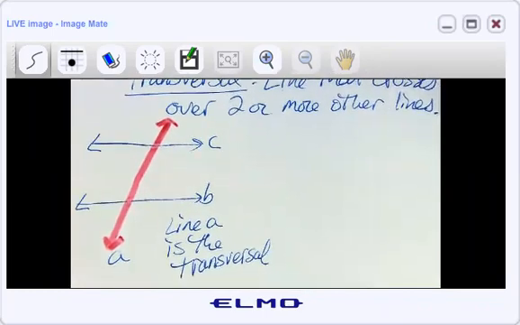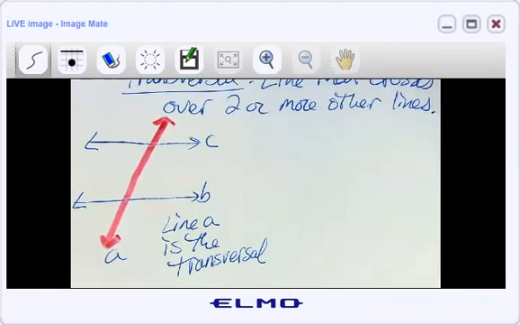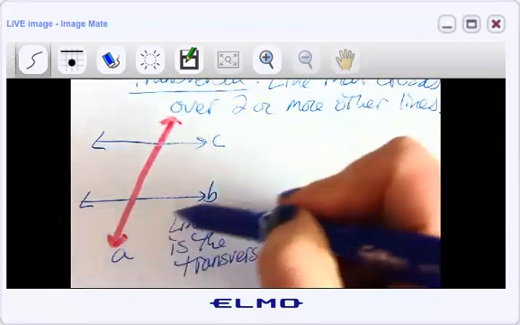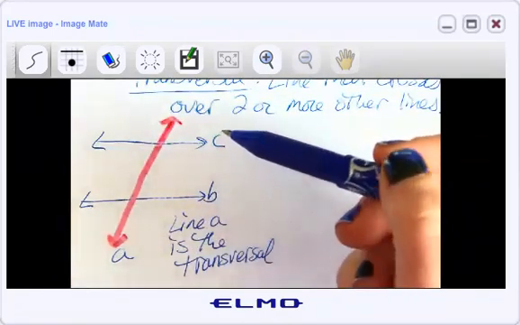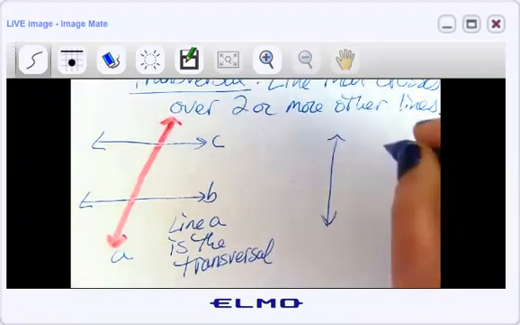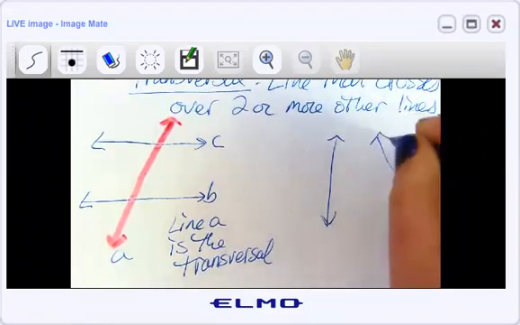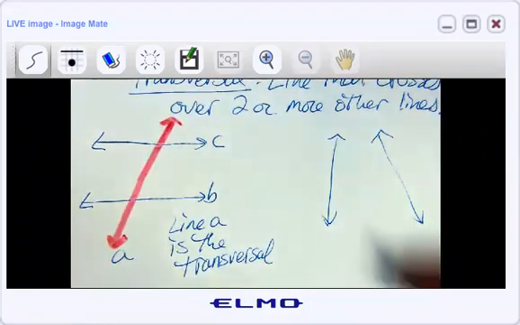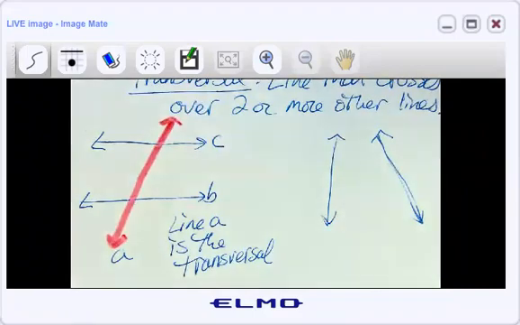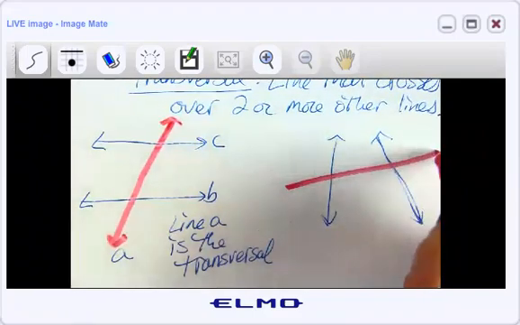Okay, I'm going to draw you another image of what a transversal could look like. A lot of times, I know me in particular, when I draw them, I almost always draw this same exact diagram, but they don't have to look like that. Maybe my other two lines look something like this. There's two lines, right? And then if I just draw a transversal that crosses over them, maybe it looks like this.